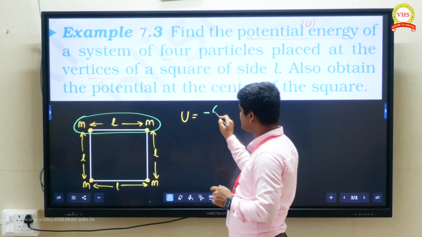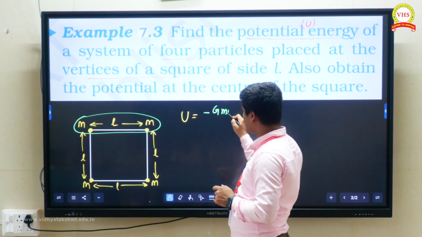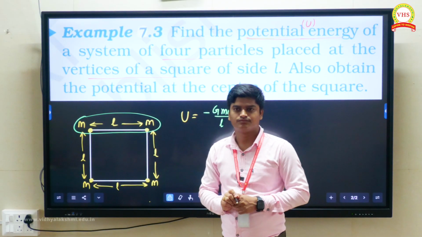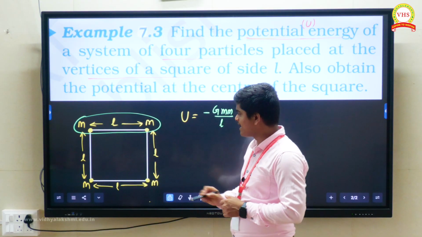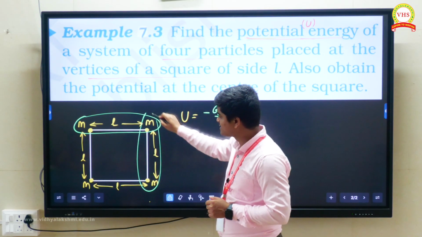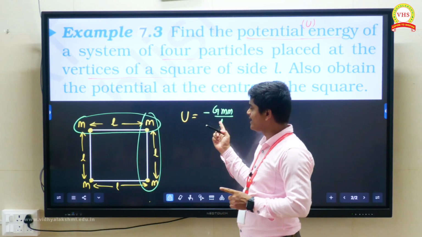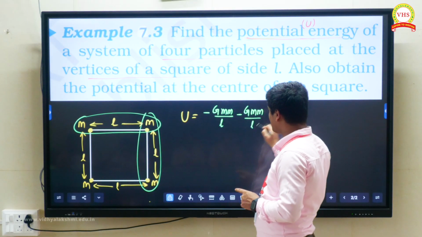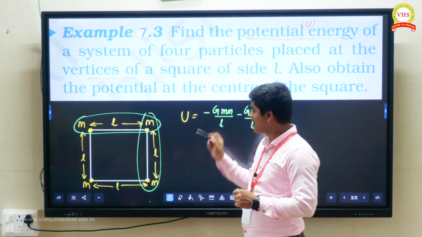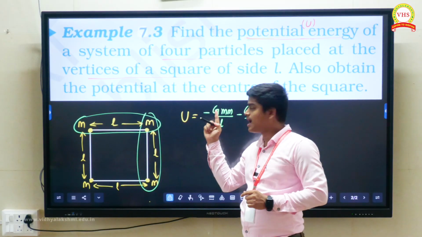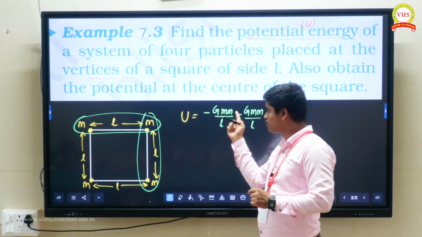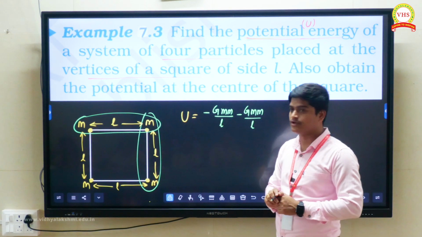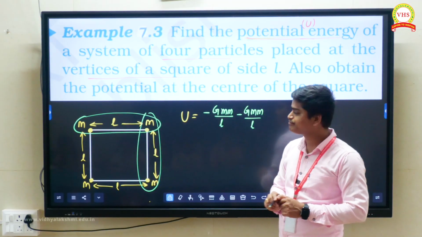Minus G m into m divided by L. Similarly, if I consider these 2 masses as 1 pair, the same thing: minus G m m by L. Because gravitational potential energy is minus the gravitational constant into the product of the 2 masses, divided by the distance between them.